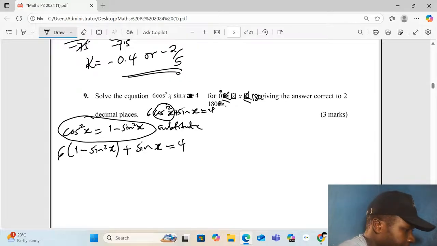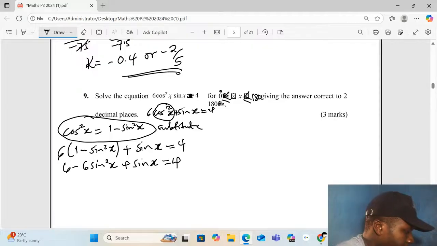Then now we're having 6. Now this one 6, we open up, so we shall have 6 minus 6 sin squared x plus sin x, and then it is equal to 4.